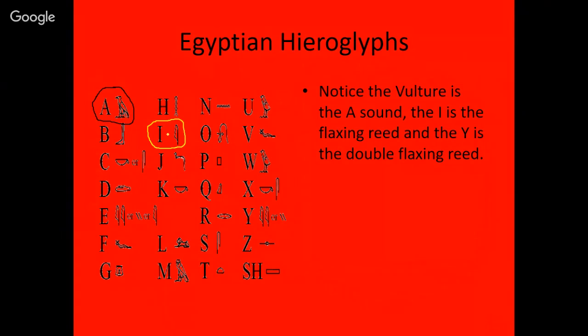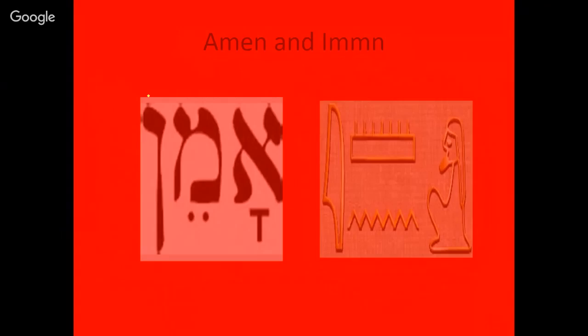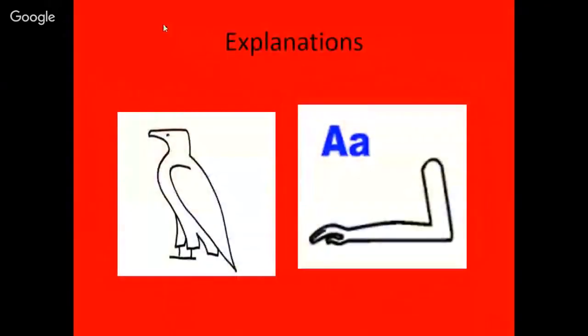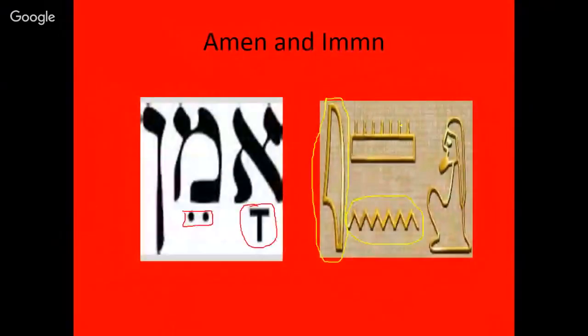Okay? Now, in the notes there, when it says the Y is the double flaxen reed, that's what we're looking at right here in this particular case. So you got I, or some people will say E, and then Y. As we showed earlier, there is no vulture, no bird, no arm either within this word that we see here.